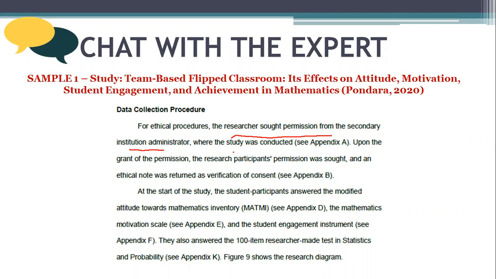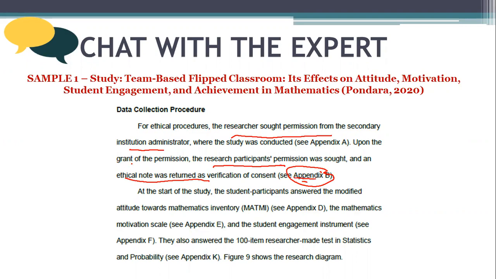And once the permission was granted, the researcher sought the permission of the participants, and an ethical note was returned as a verification of consent. A copy of the ethical note and the researcher's letter is in Appendix B.